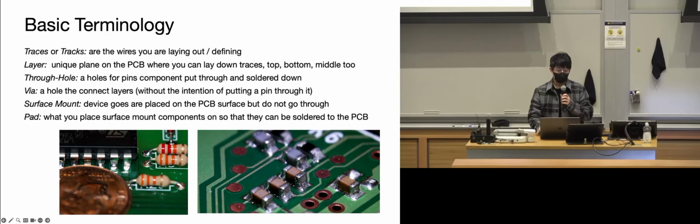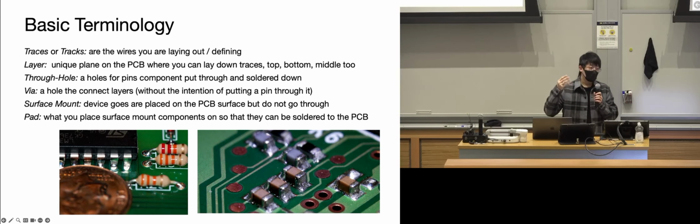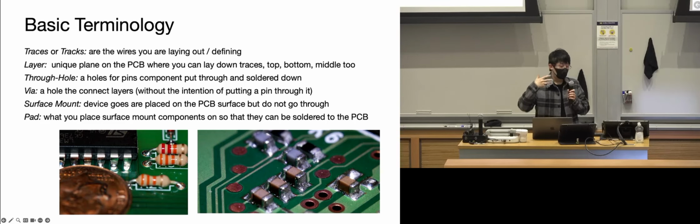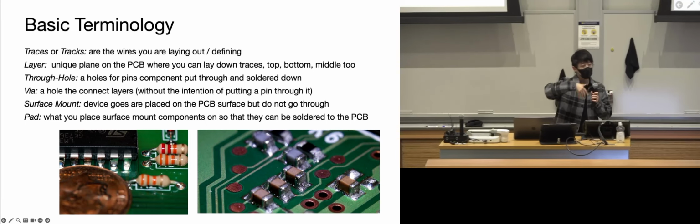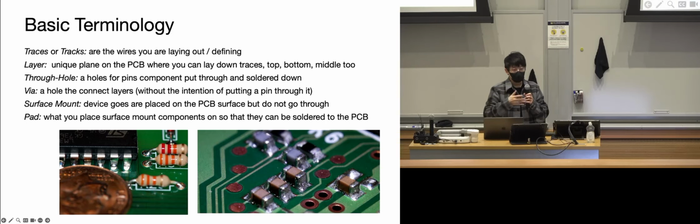Through hole is basically holes left on the PCB for pin components to go through and be soldered down. The common ones are those header pin connectors you see. You can use them to connect to a different board like an Arduino, or connect to your own STM32 through jumper wires.